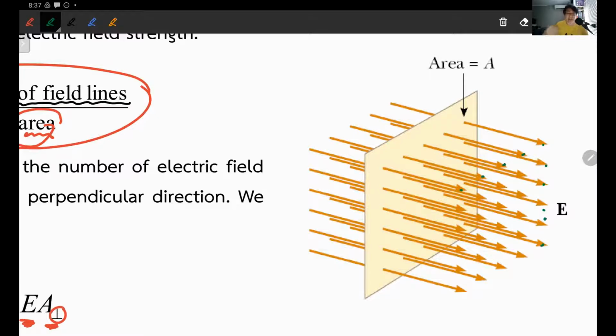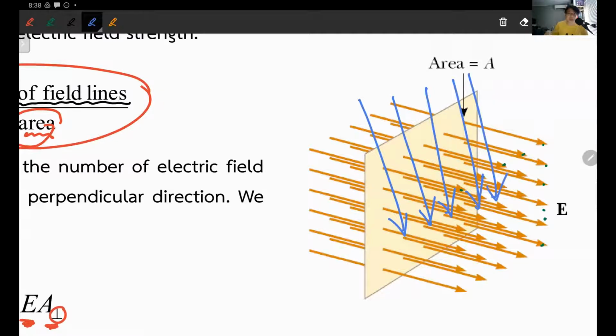However, if I have another set of lines penetrating in this direction. What I'm saying is, if these 30 lines of electric field do not point perpendicular to the area, would you count 30 as the number of lines going through? What do you think? I will go for an extreme case.